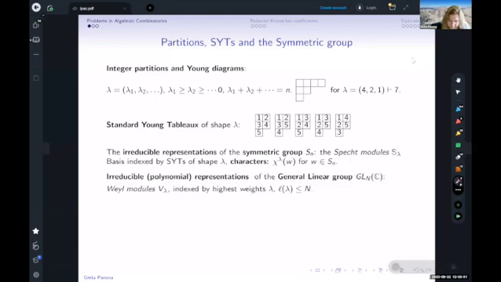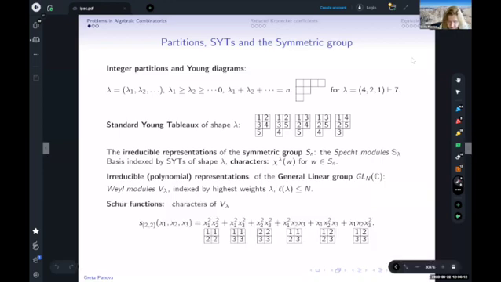So the irreducible representations of the general linear group are also indexed by partitions. This time the length of the partition, so the number of non-zero parts, is bounded by the size of the matrices in the general linear group. These are the Weyl modules, and the characters for these representations are our favorite, the Schur functions. I'm sure everybody knows about Schur functions here, so I'm not going to spend time explaining, and I'm going to use them quite a bit.